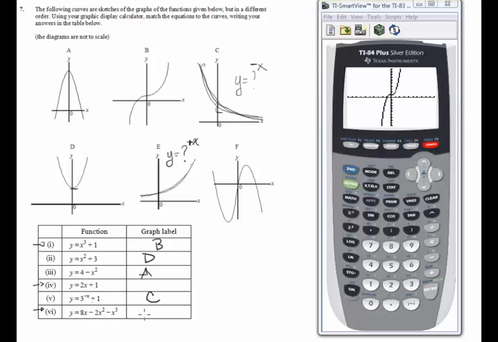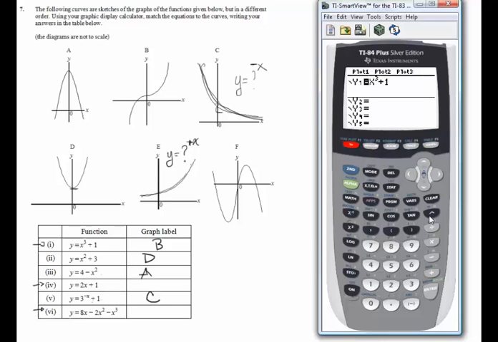F must be this other one, but just to confirm my suspicion, this is a cubic equation. What do I got going on here?